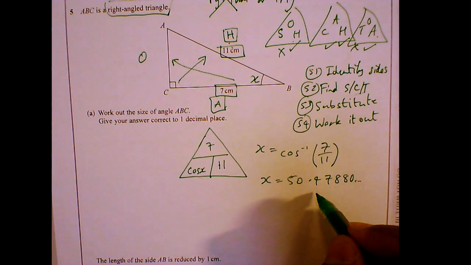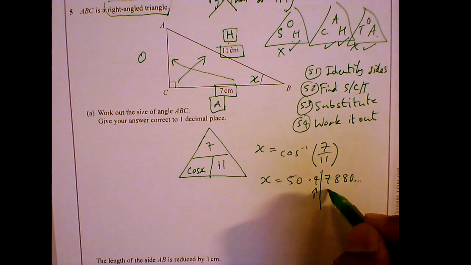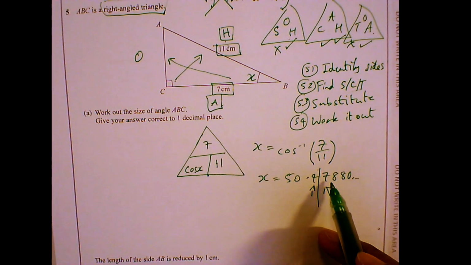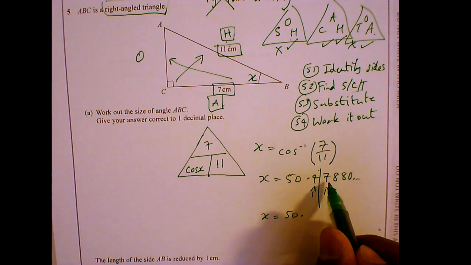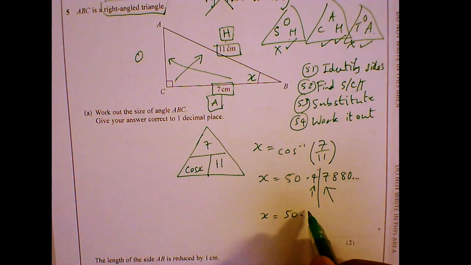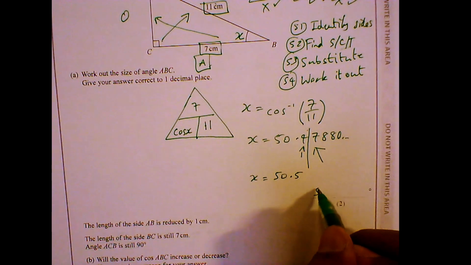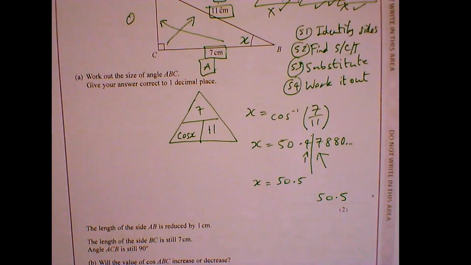So I've got my 1 decimal point. This is my decider. If it's 5 or more, I round up. So my answer becomes 50. 7 is bigger than 5, so this becomes 5. 50.5 degrees is my final answer.